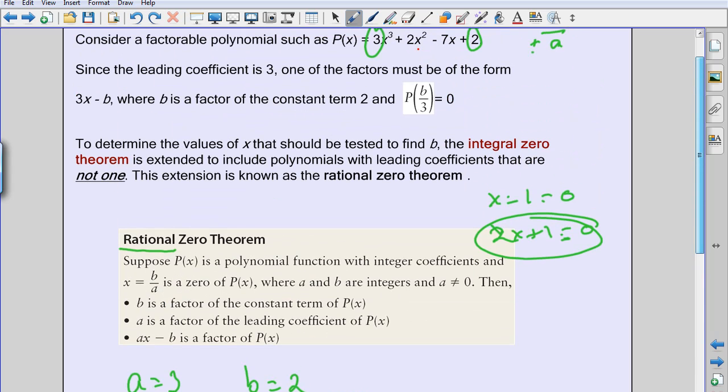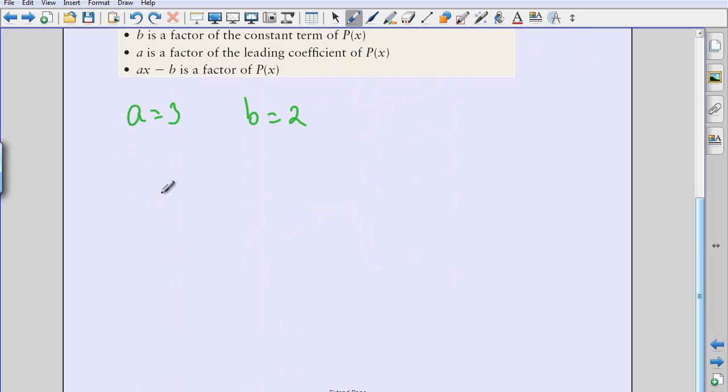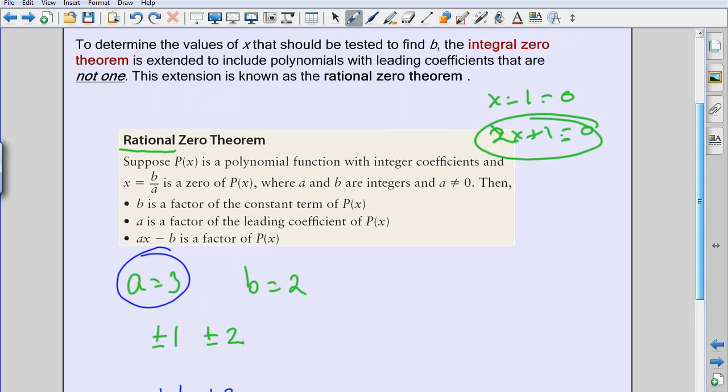When I'm looking at these numbers, I can look at a and b. The factors of b are plus or minus 1 and plus or minus 2, and the factors of a are plus or minus 1 and plus or minus 3. Now I can write each of these in ratio form, b over a.